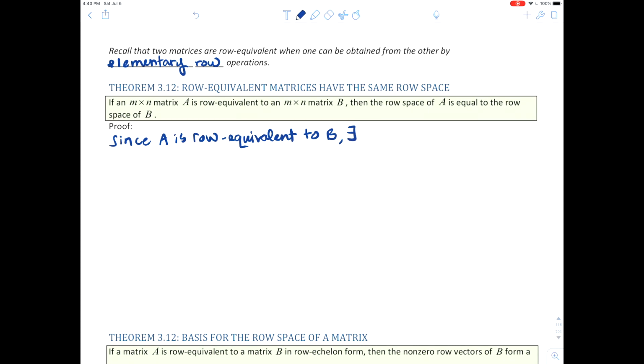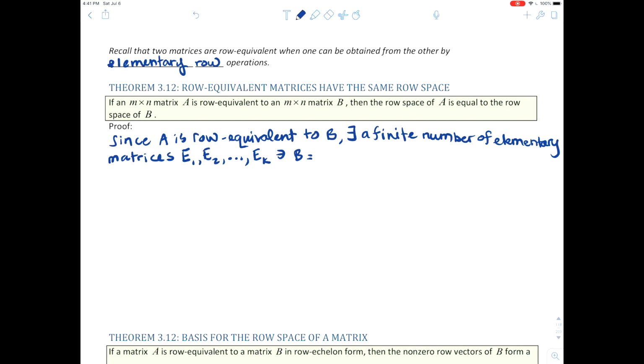There exists a finite number of elementary matrices, let's denote them E1, E2, all the way down to E sub k, such that B can be written as the product E sub k times E sub k minus 1 all the way down to E2 times E1 times A.